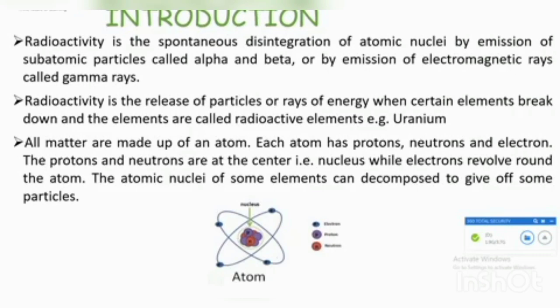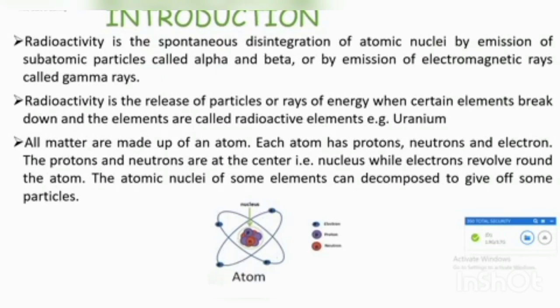radioactivity. Everything on earth is made up of atoms, but you can see that not everything on earth is the same. This is because everything is made up of different types of atoms called elements.